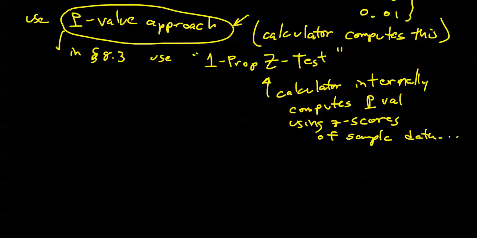So since the calculator uses z-scores, we want the one prop z-test command.